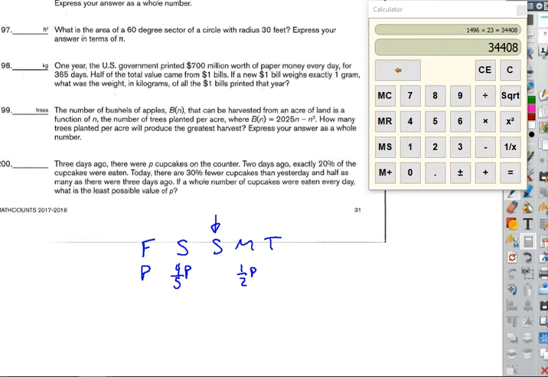All right, so here's how we're going to express this. We know that 30 fewer cupcakes means that 70% of the cupcakes remained, right? So in other words, to go from here to here, we're going to multiply, in terms of what's remaining, 7 out of 10, right?